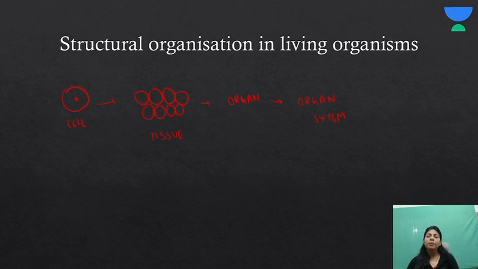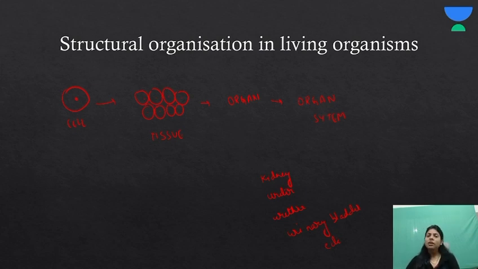If I take the example of the excretory system, the organs involved are a pair of kidneys, your ureter, urethra, urinary bladder, etc. So these are the organs which are involved in the excretory system.